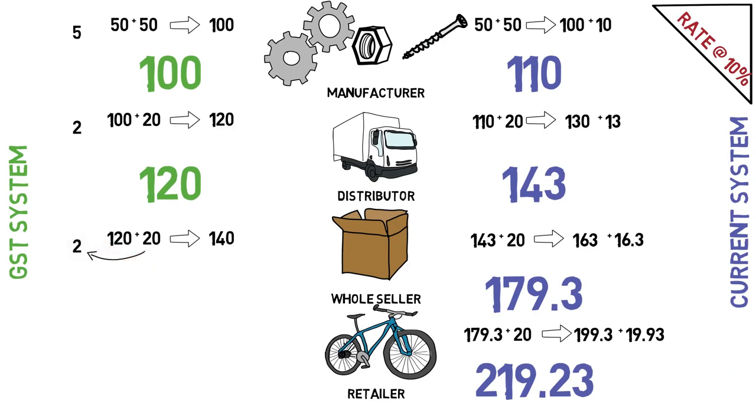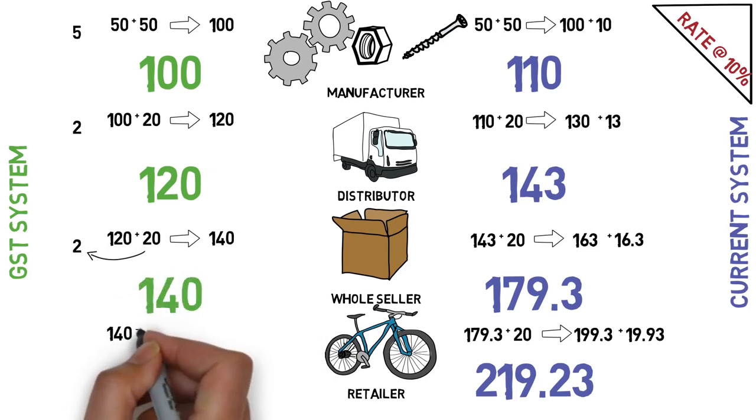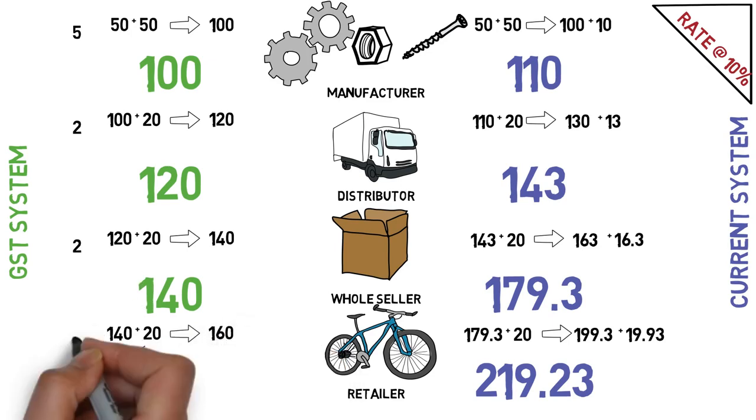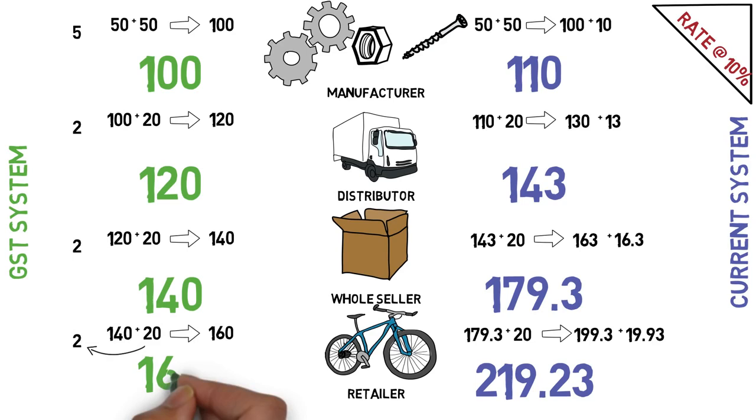Retailer buys the product for 140 rupees, add profit of 20 rupees, pays the taxes of 2 rupees on his profit of 20 rupees and raise the final consumer price to 160 rupees. So, if the prices are compared, the product is 59.23 rupees cheaper in GST system than the current system.